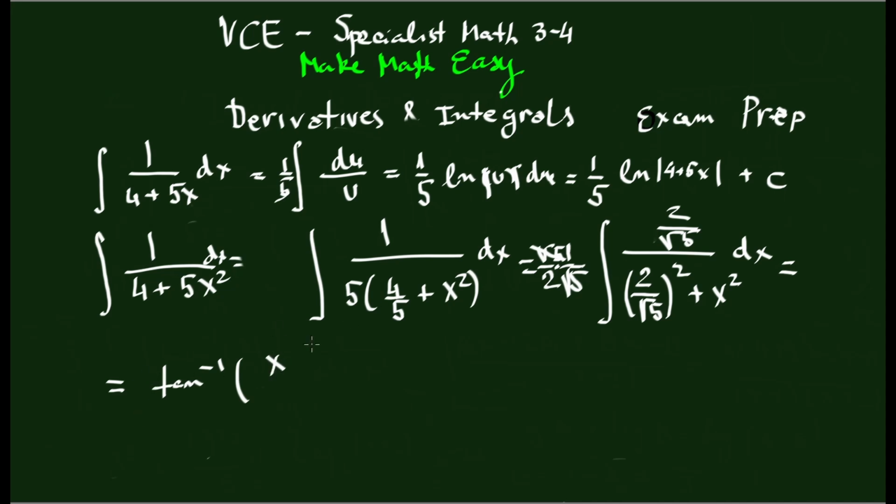That we'll do it later. x over a, and a is 2 over square root of 5. So if you reverse that, you get x times root of 5 divided by 2, and in front we have 1 over 2 square root of 5 plus c.